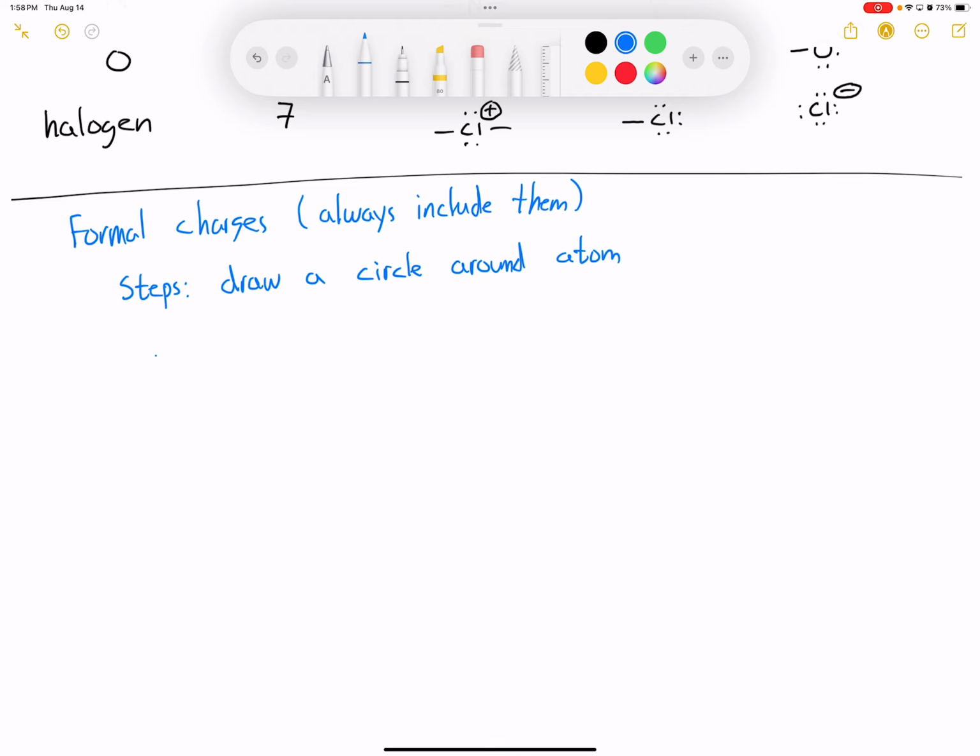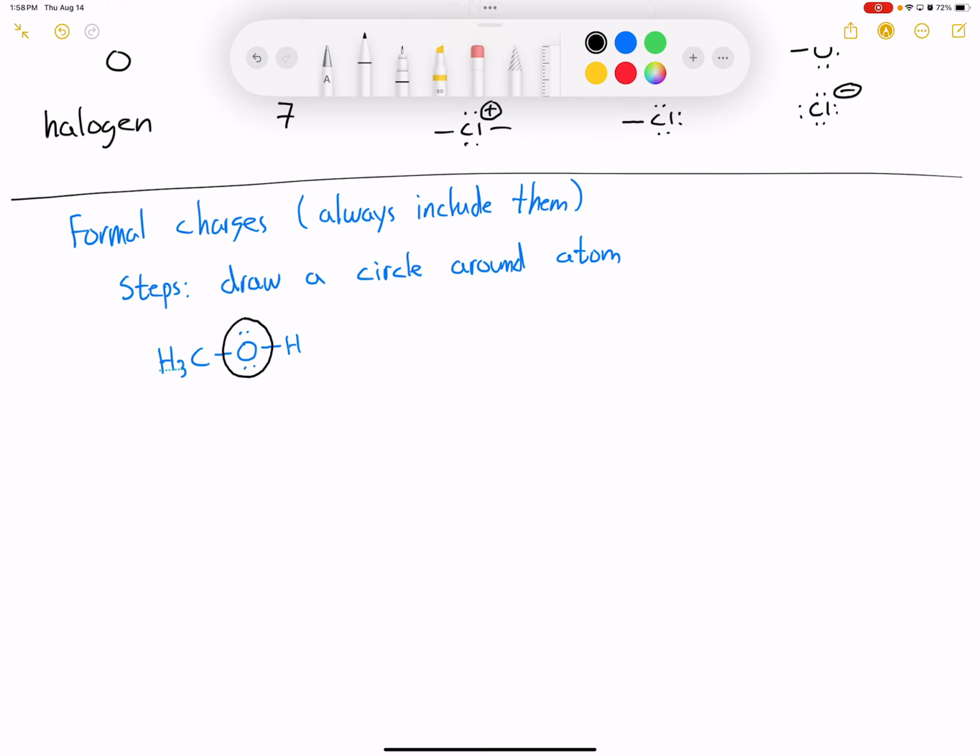So say I have, so I'm not writing out the bonds to carbon here because I'm not trying to find the formal charge for carbon. All right, so let's say we're looking at oxygen, right? So I'm going to draw a circle around oxygen.